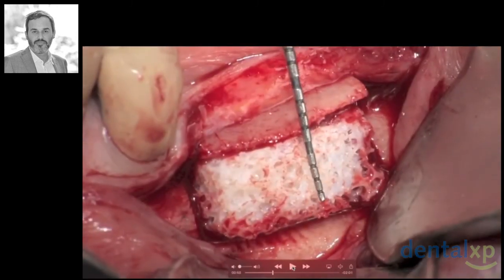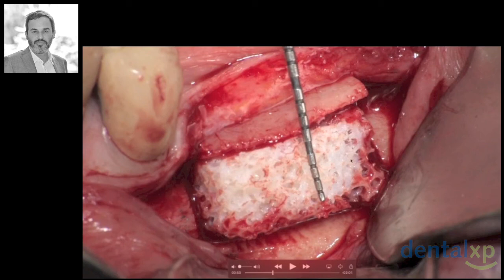And look, this is the new situation. At the end, I obtain maybe 5-6 millimeters of vertical augmentation. And look, the particulate type of this technique.